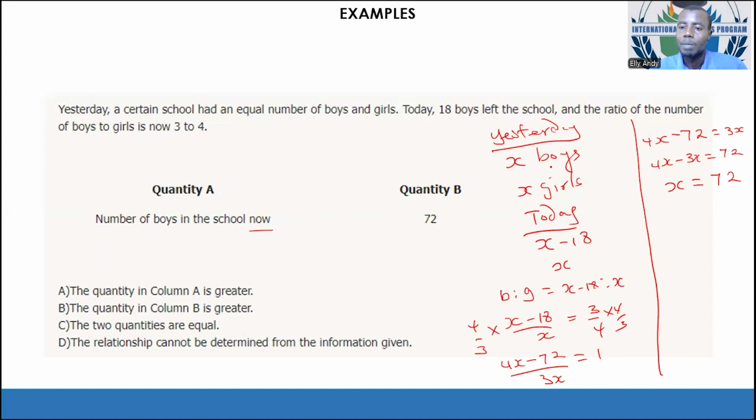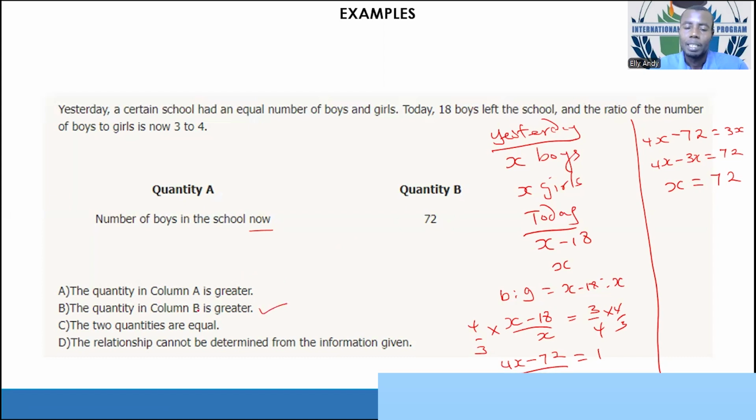The original number, that is X, is 72, and the number has reduced. We don't even need to calculate the reduction. Knowing that it has reduced is enough to stop the question now and pick our answer because quantity B is 72. Quantity A is something less than 72. So our answer is quantity B is greater.